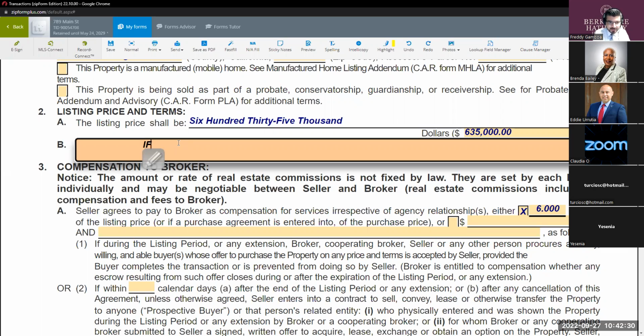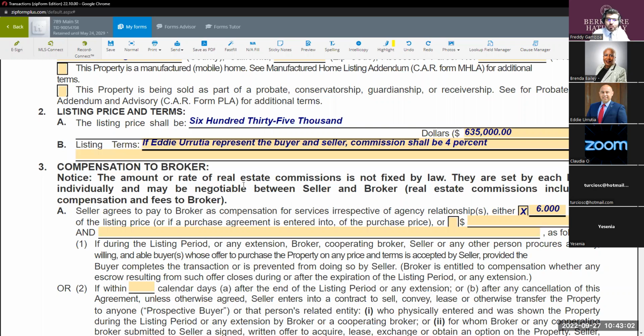So if Eddie Urrutia represents the buyer and seller, commission shall be 4%.